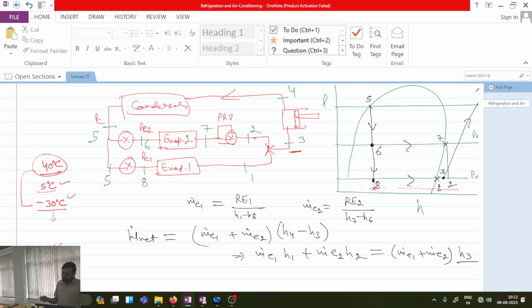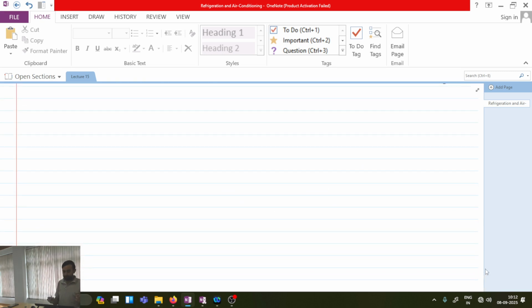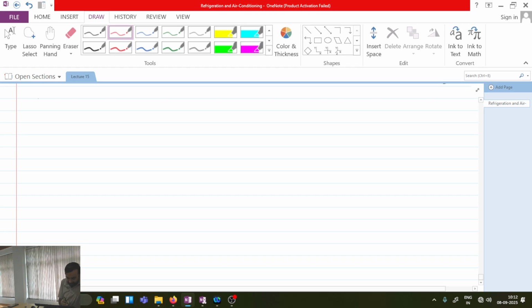Now what we need to do then for a multi-evaporator system: I will now be having a multi-evaporator, but with multi-compression. And let me include everything in this.